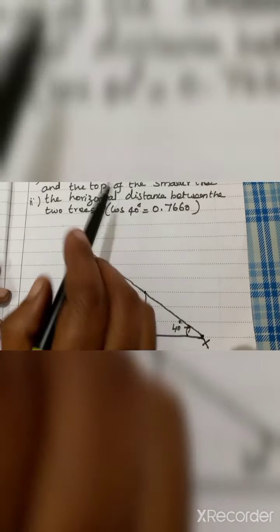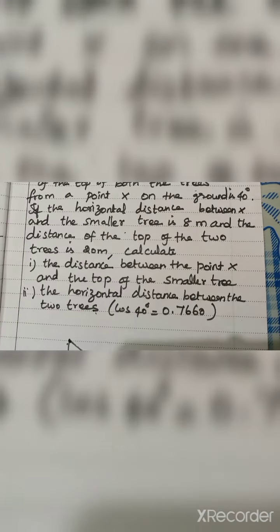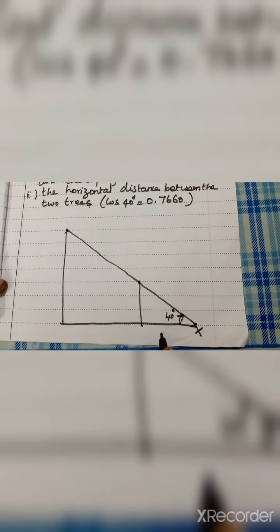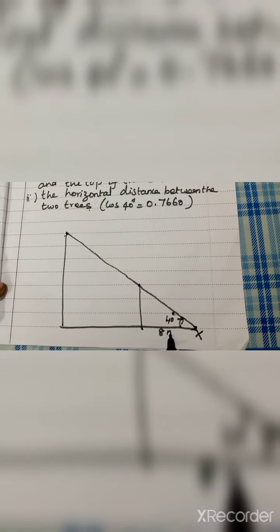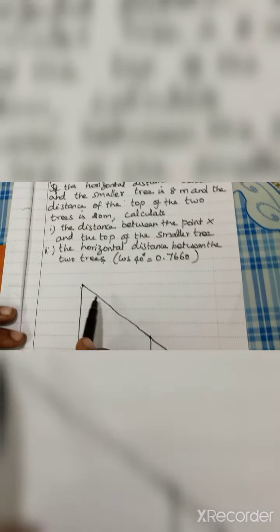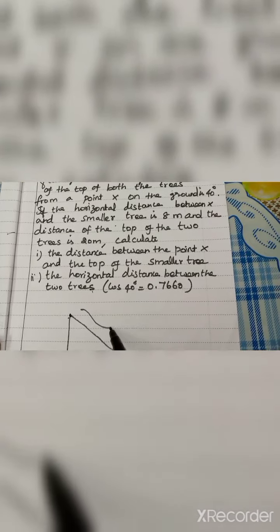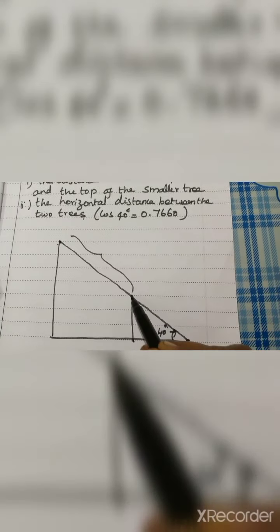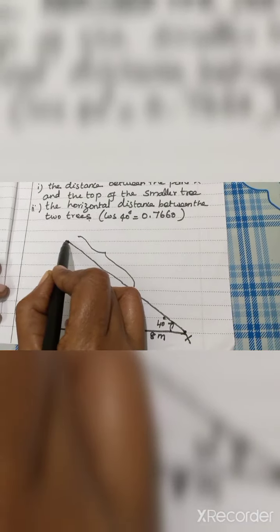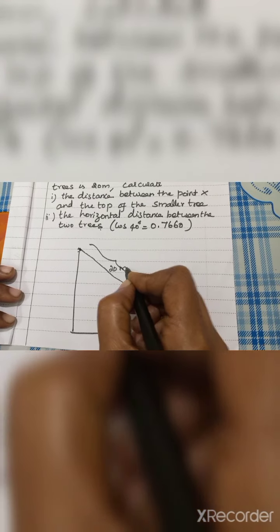And the horizontal distance between X and the smaller tree, this distance is given as 8 meter, as well as the distance between the tops of both the trees, this distance is given as 20 meter.